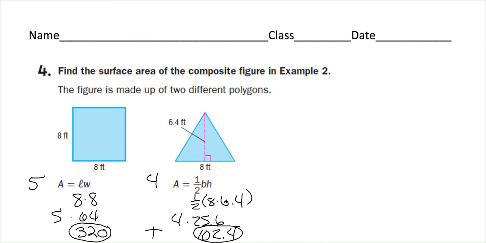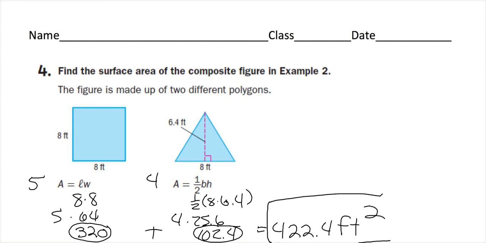We're going to add those together. 422.4. And that's going to be feet. And we're doing surface area, so squared. There we go. Put a box around this one.